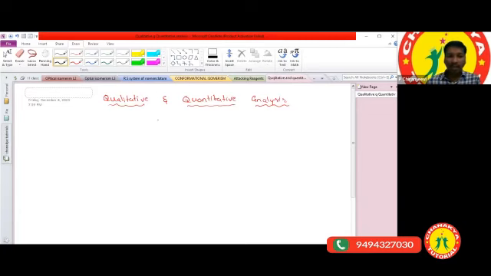Qualitative analysis is defined as the detection of elements.